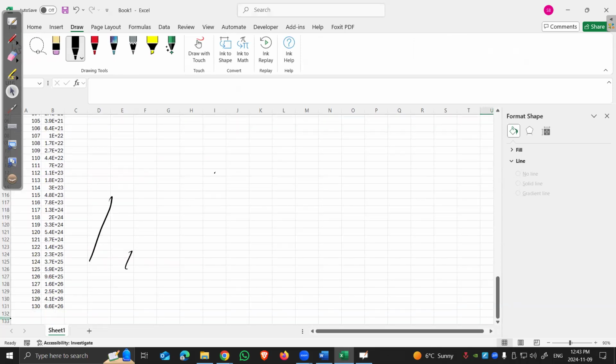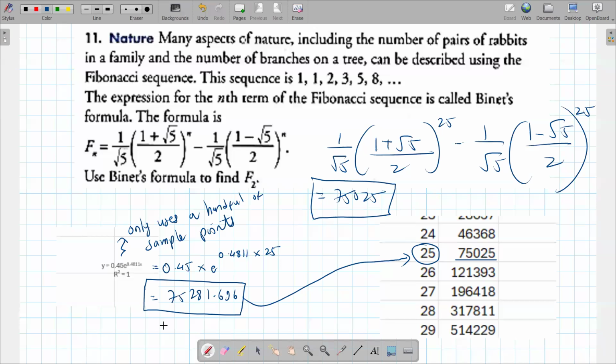Let's say over here, this keeps going on, and then we have the infinite term number, and then the term itself at infinity. Let's say we had this, and we used all of these points to model the data. And again, it would spit out an equation like this. That equation would give you the precise answer of 75,025. It's because it used every single data point in the sequence, right? Is that practical? Obviously not.